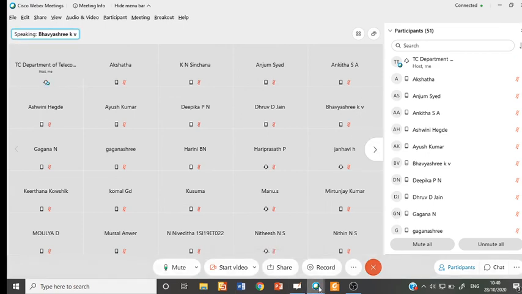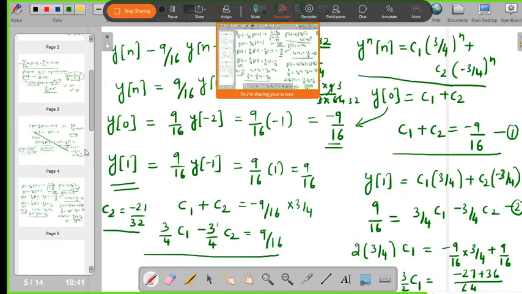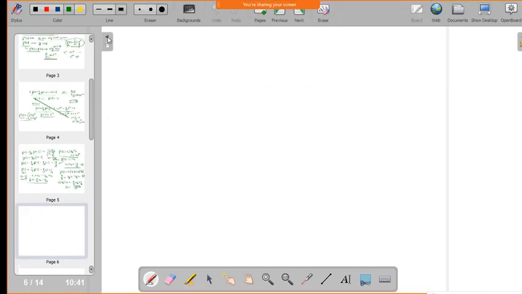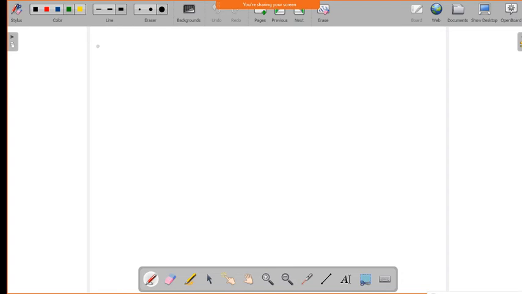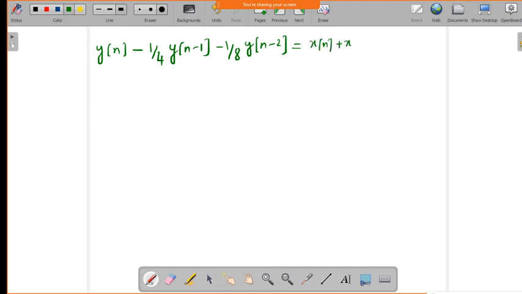Okay. So now try to solve another equation for natural response and tell me the answer. The difference equation is y of n minus 1 by 4 times y of n minus 1 minus 1 by 8 times y of n minus 2, which is equal to x of n plus x of n minus 1.